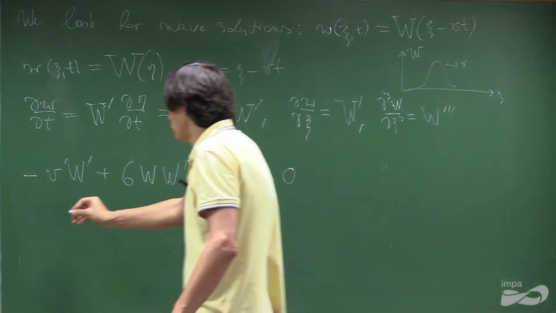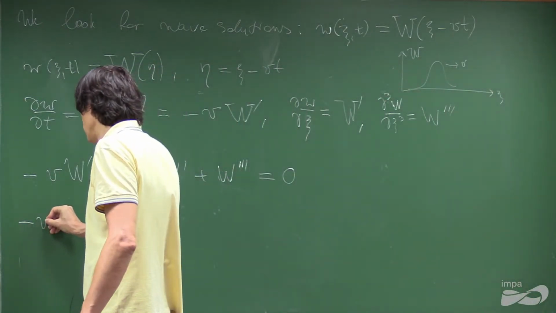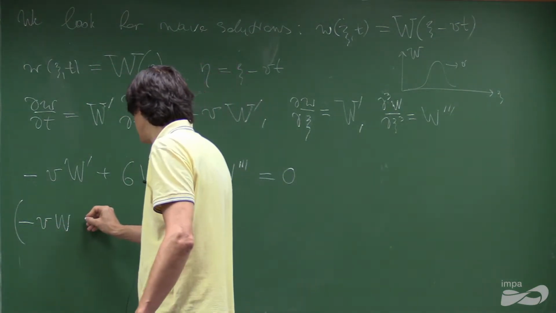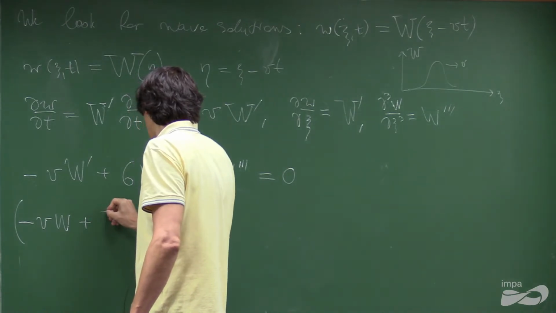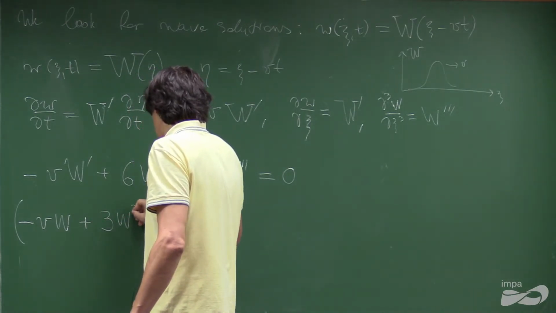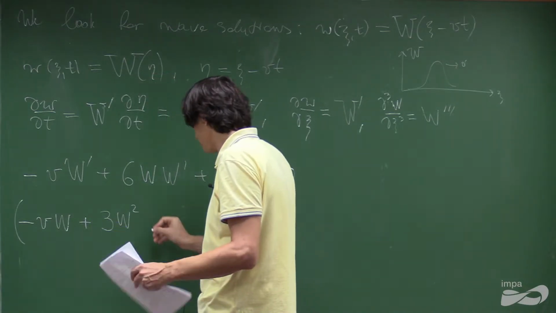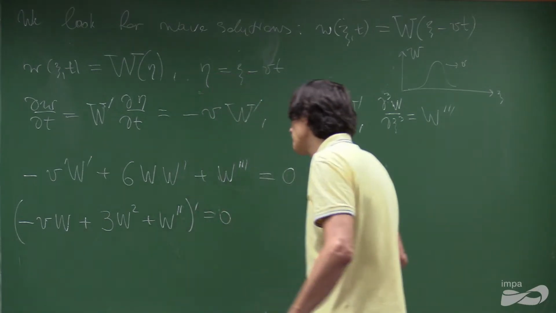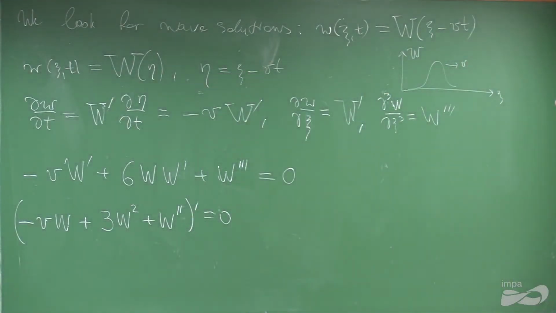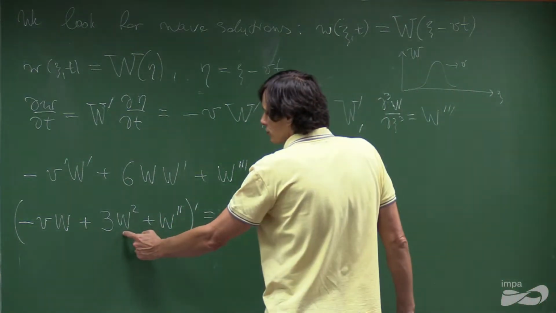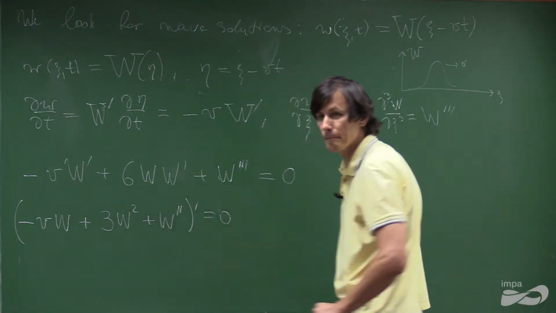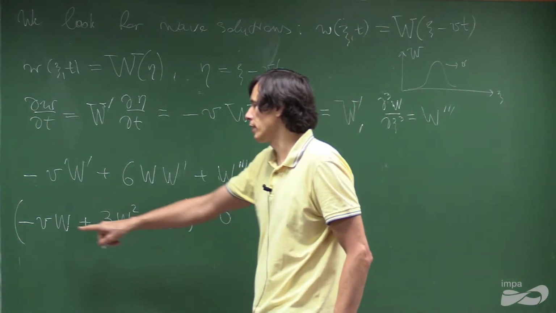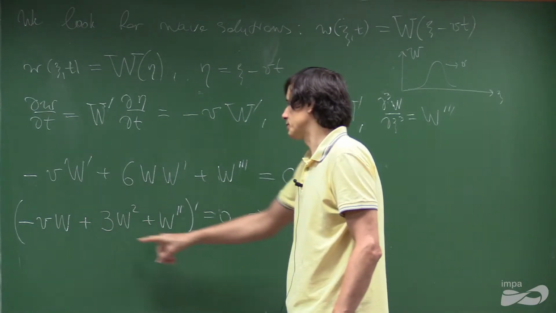You can remove one of the derivatives. So it will be plus 3 W squared, like this. See, when you differentiate this, you get 6 W W prime. So this is a derivative with respect to η, and this should be true at all points. So that means that this expression is constant.